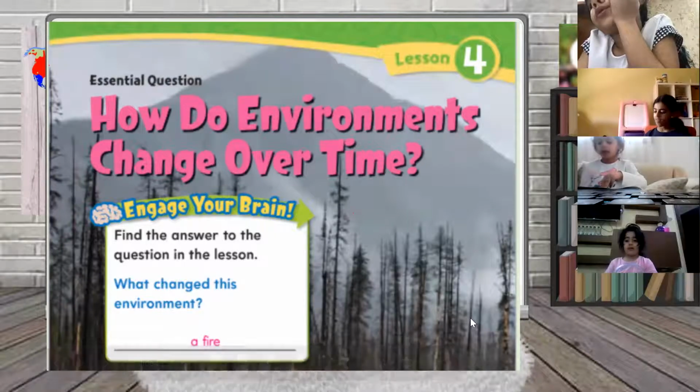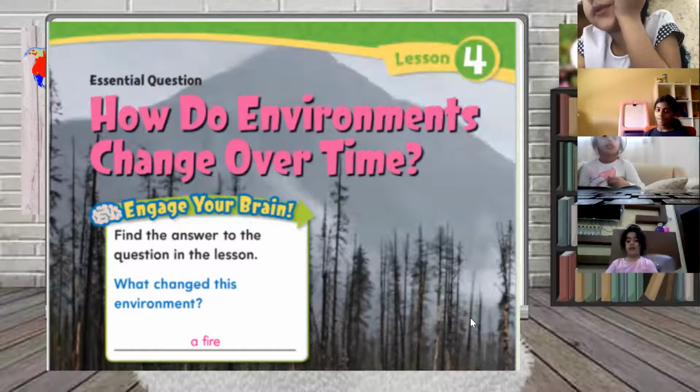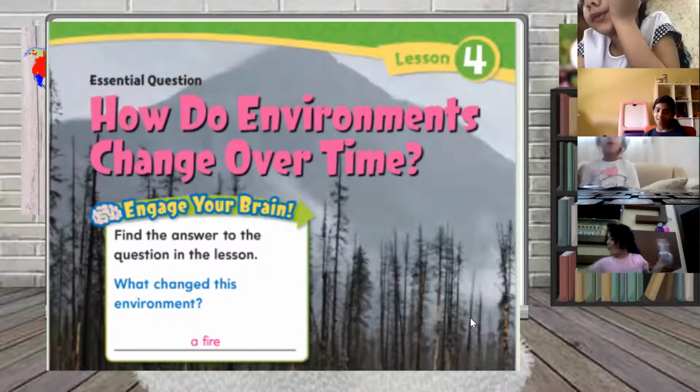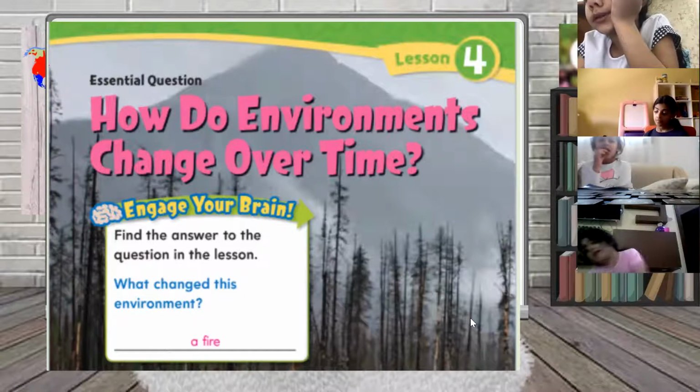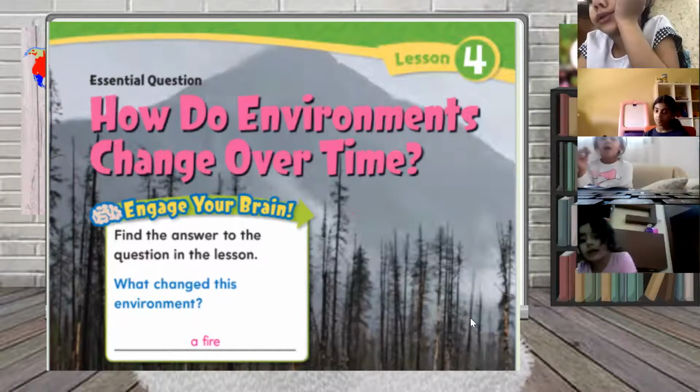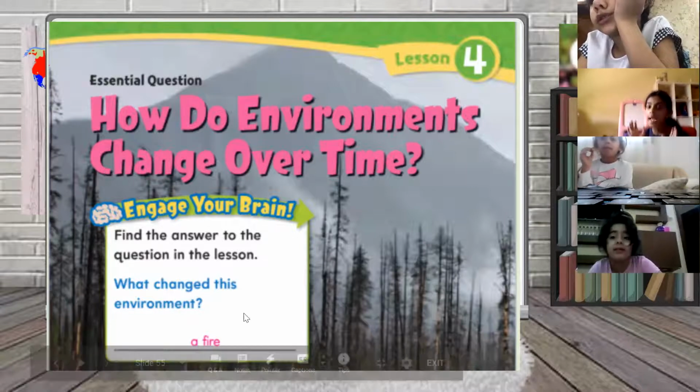Okay, this picture shows trees. Are they in a good condition? Are the trees green and beautiful, or are they black and dead? Tell me, Halamar, what do you think?